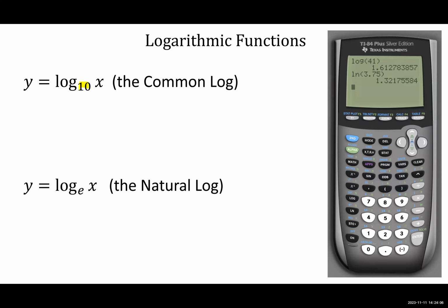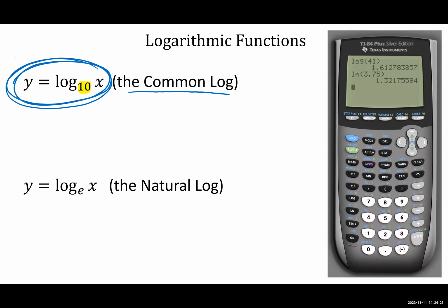When the base of the logarithm is 10, the log base 10 of x, we call this the common log. We call this the common log. And so you're never going to see this written in a textbook, right?